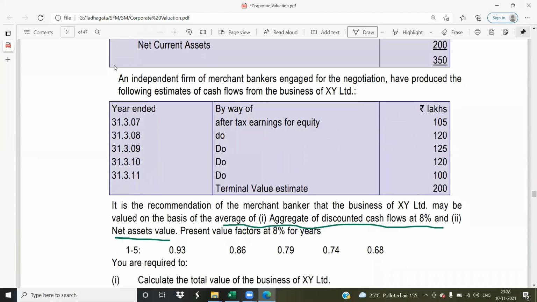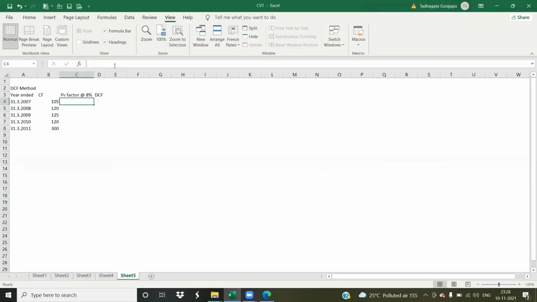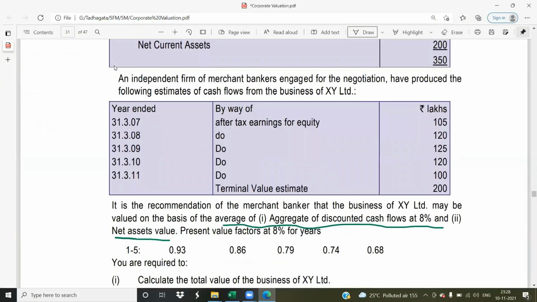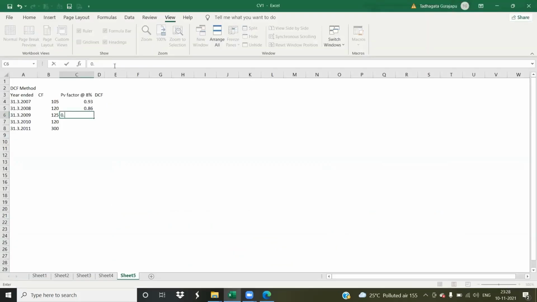Yeah, present value factors at 8%: 0.93, 0.86, 0.79, 0.74, 0.68. So DCF value is equal to cash flow into PV factor, right?